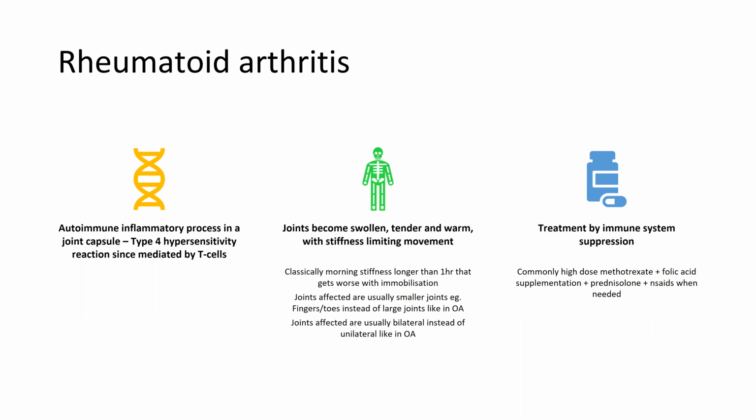The treatment of this can get a lot more complicated, and again, go on ePharmacology and have a look. But to summarize, use a high dose of methotrexate with folic acid supplementation, and prednisolone and non-steroidal anti-inflammatories when needed. Again, you want to make sure that you're not using this chronically because it will lead to a lot of issues.